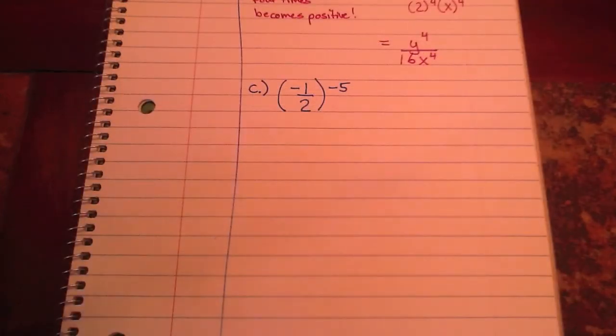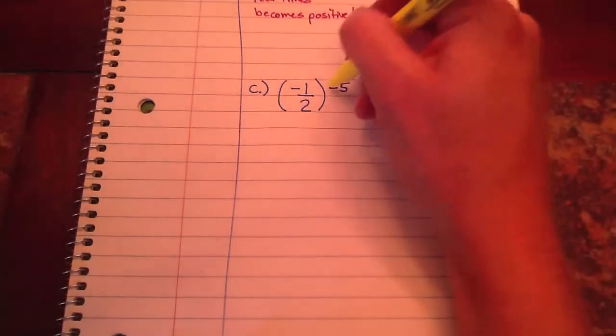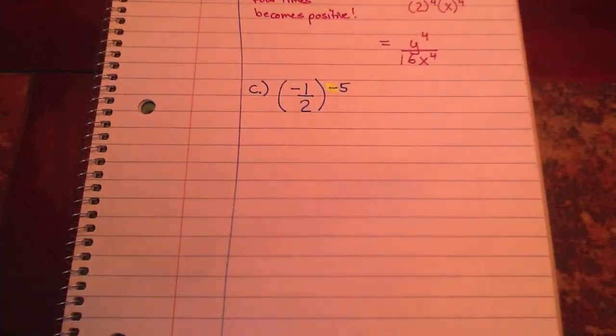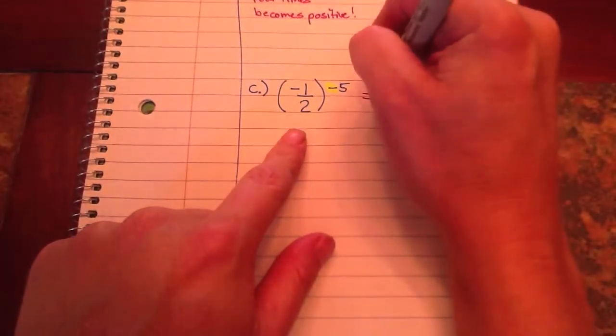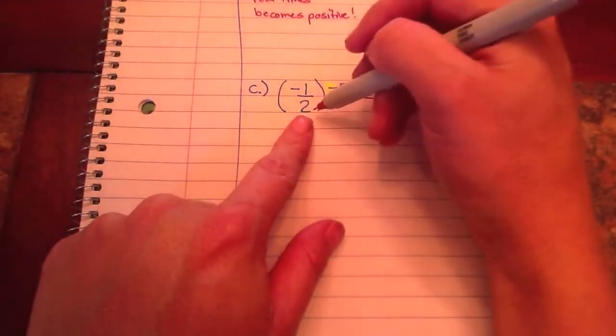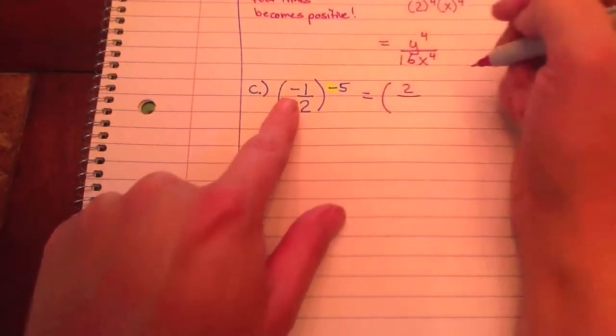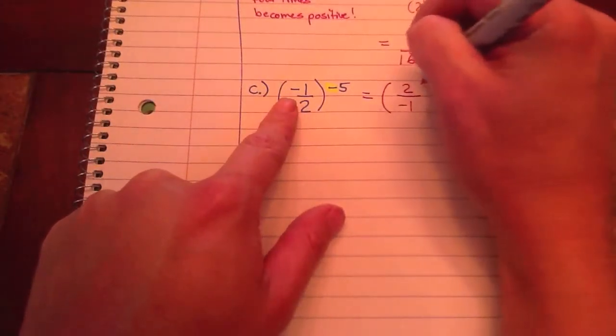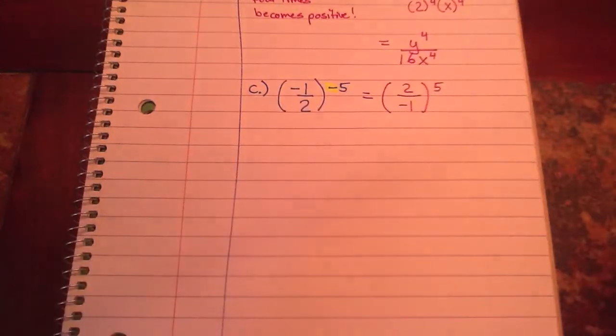Alright, so again, I come across this problem and immediately this is what jumps out at me. I want to get rid of that negative exponent right off the bat. So, keep my parentheses. Anything in my denominator moves up. Anything in my numerator moves down. And now I just have to the 5th power.